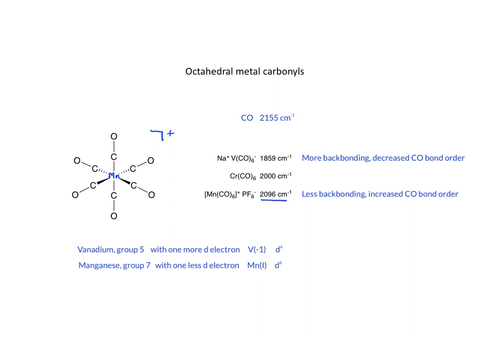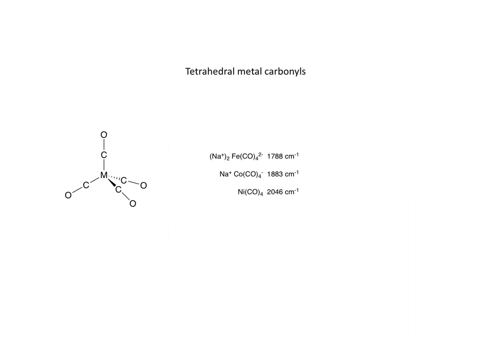We'll conclude with some tetrahedral metal carbonyls, in which we see similar trends. Nickel tetracarbonyl is nickel in the 0 oxidation state. As a group 10 metal, it has 10 d electrons.